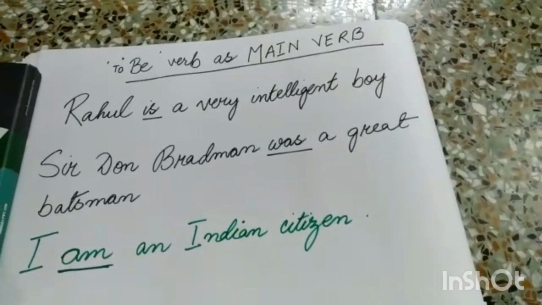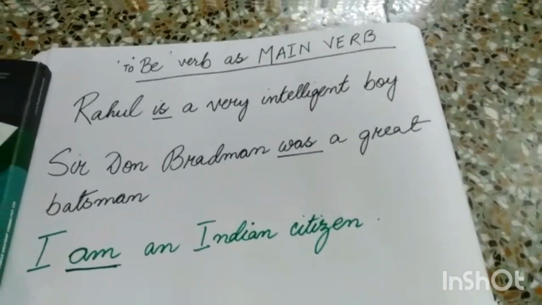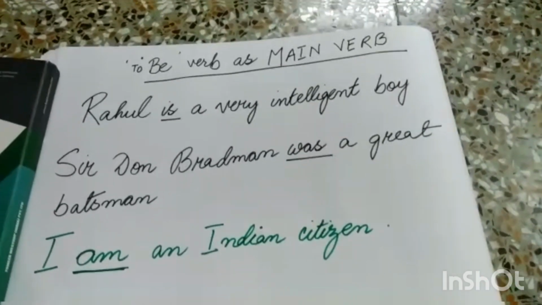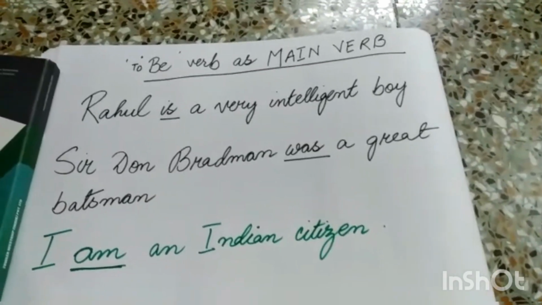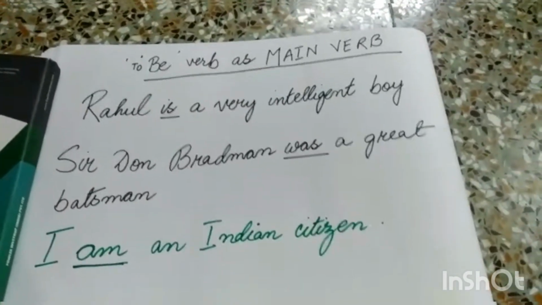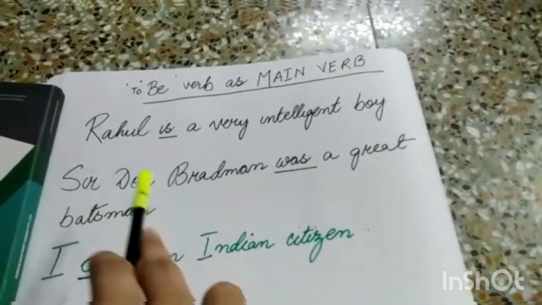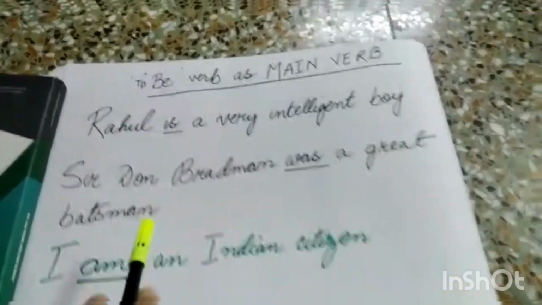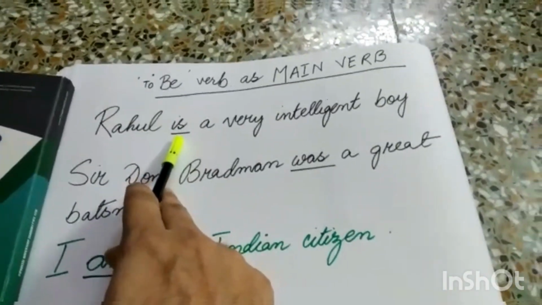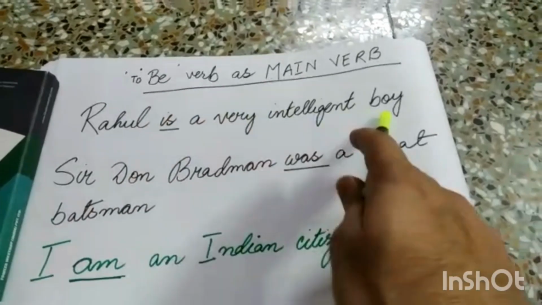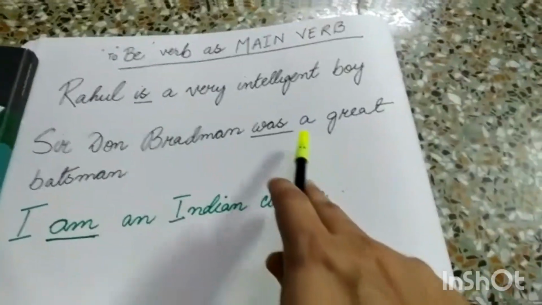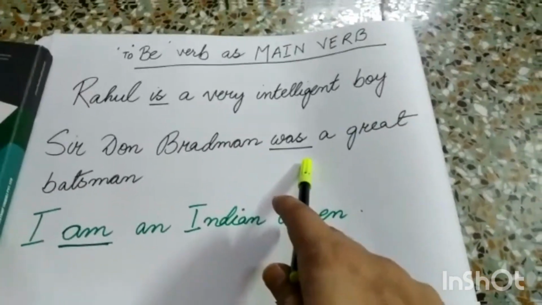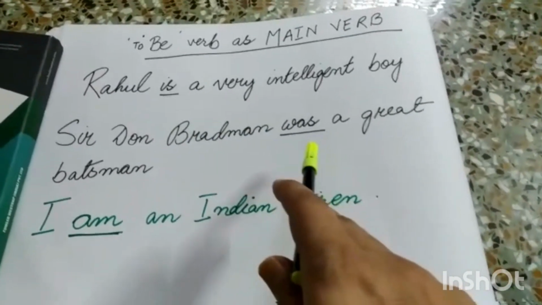Now I have told already in the video that auxiliary verbs are used as helping verbs, but sometimes auxiliary verbs can also be used as a main verb in the sentence. In this case, the auxiliary verb to be is used as the main verb in these sentences. Was, that is a past form of the verb to be, is used in this sentence as a main verb.